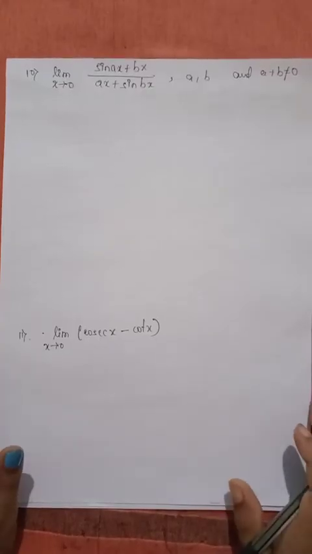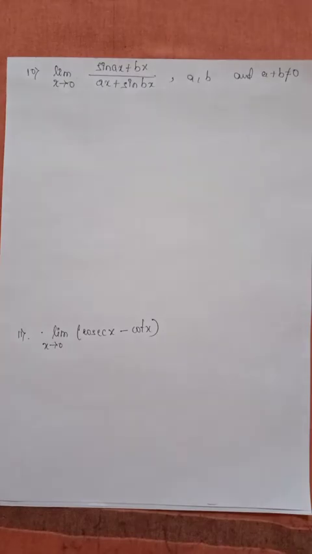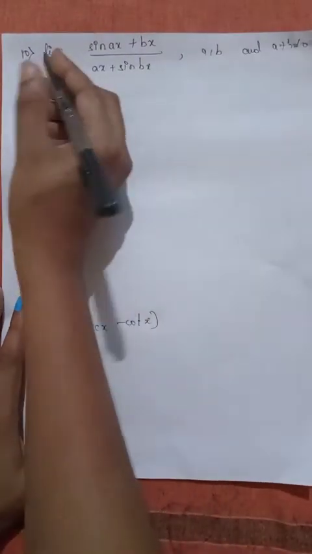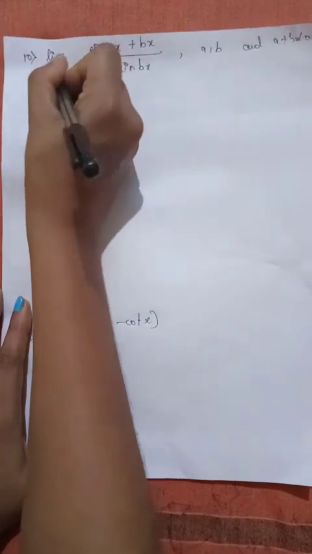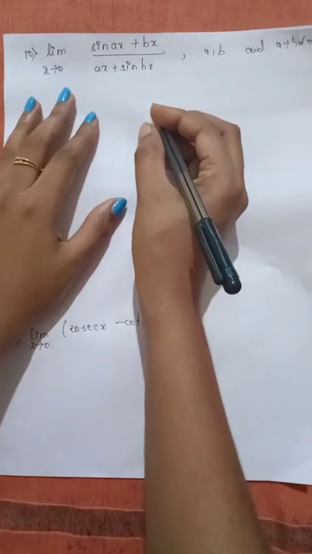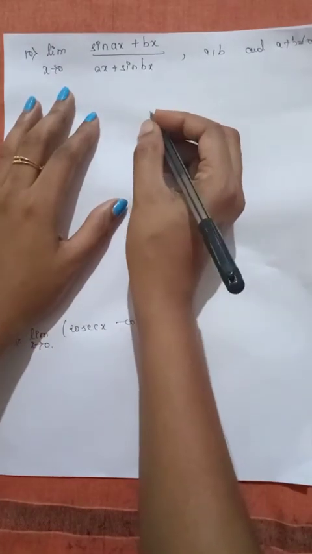Okay, this is the next question. The next problem is limit of (sin ax plus bx) divided by (ax plus sin bx) as x tends to 0. So if you have sin x by x form, then you can do something about it, correct? If you have sin x by x, first thing you have to do is just put x is equal to 0 and see what happens.